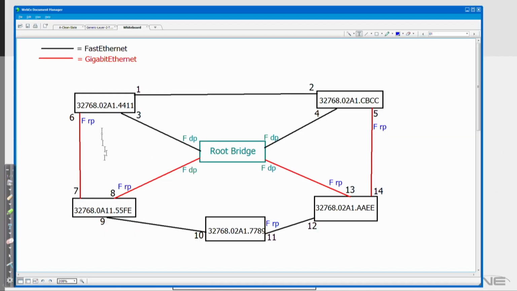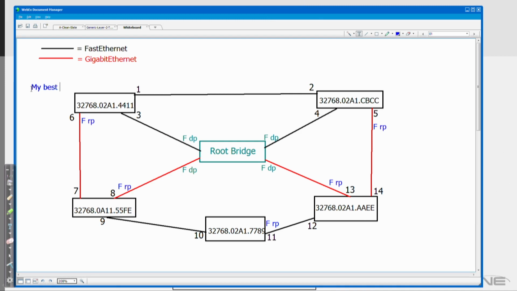So if I go back to this, switch 4411. The best cost he has to the root bridge is 8, right? 4 plus 4. The best cost he had was 8. But at the other end of the cable, the best cost 55FE has is 4. I'll put this right here.